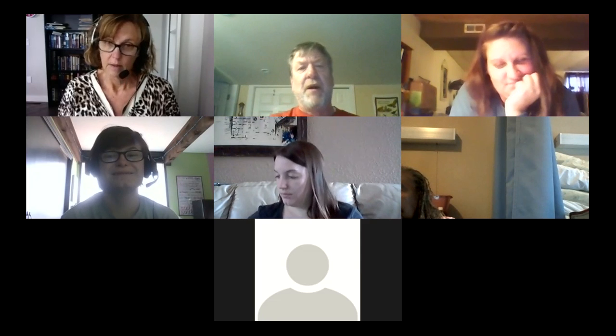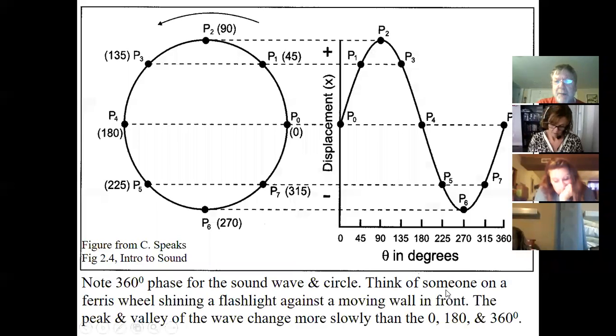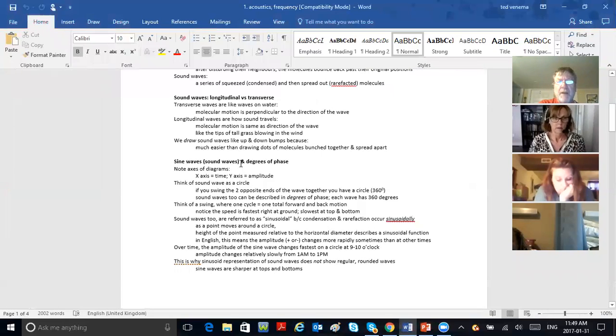So now we get to the bottom part of our page, and you're looking at something that gets kind of technical here, but we won't worry about it. It's this bottom part, this piece here. You're looking at this slide in your PowerPoints, and in your notes, it's the bottom third of page 1, sine waves and degrees of phase.